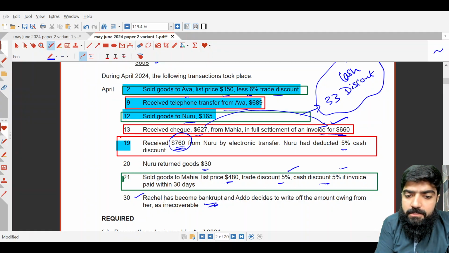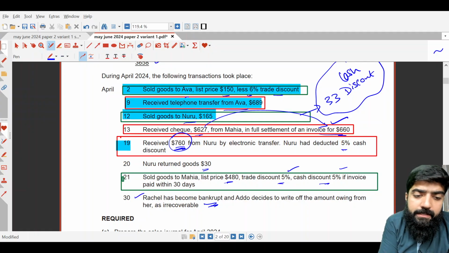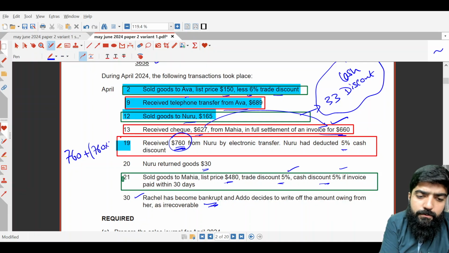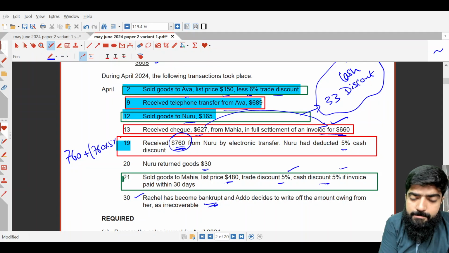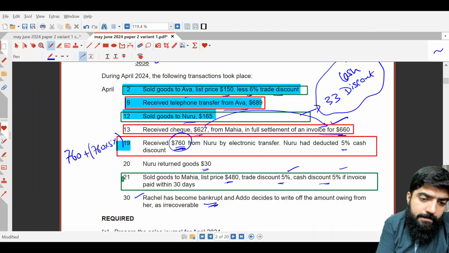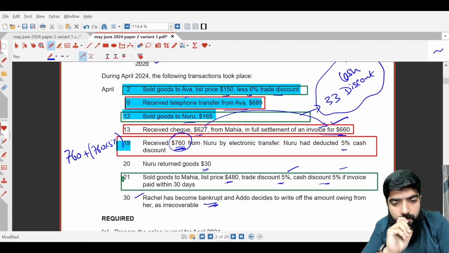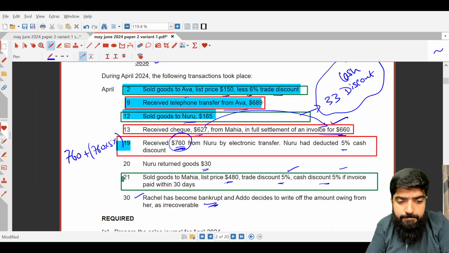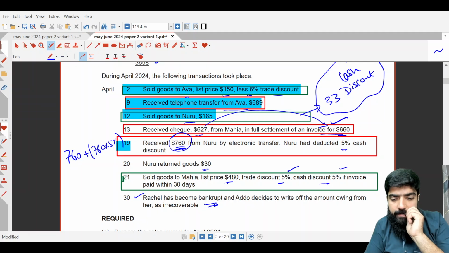Okay, 760 that you have received, and what you did? Can you please repeat the calculation? 760 plus bracket 760 into 5%, bracket close, which is equal to 798. And then I subtracted 760 from 798, which I got as 38.